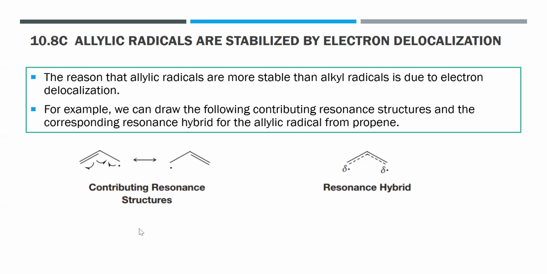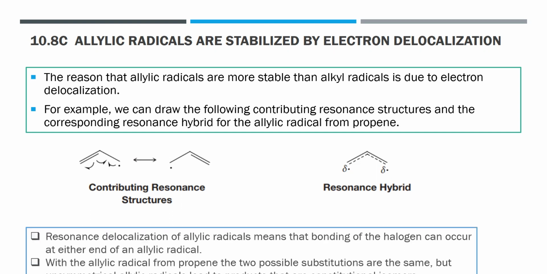And because of that, the charge or the electrons is being dispersed by what we call pi electron delocalization. And you can say that resonance delocalization of allylic radicals means that bonding of the hydrogen can occur at either end of the allylic radical. So because you see your radical, your dot, can be formed at either this end or this end.